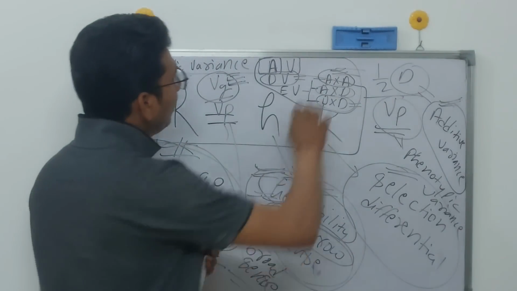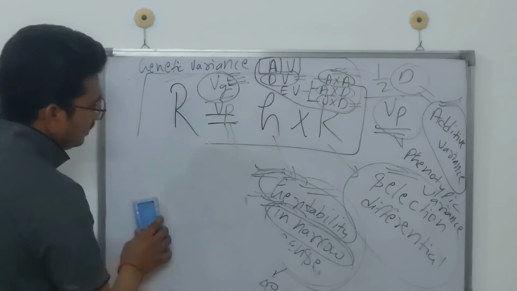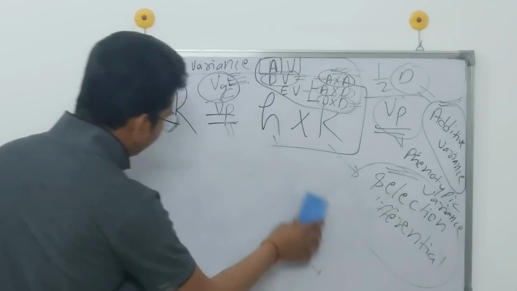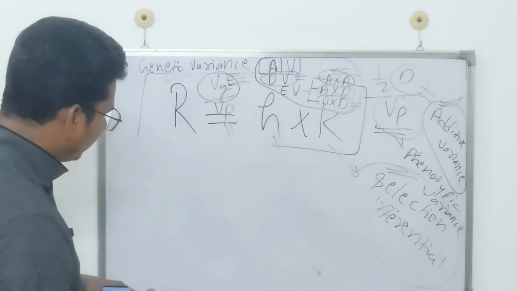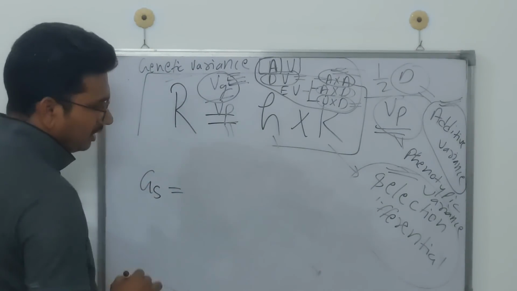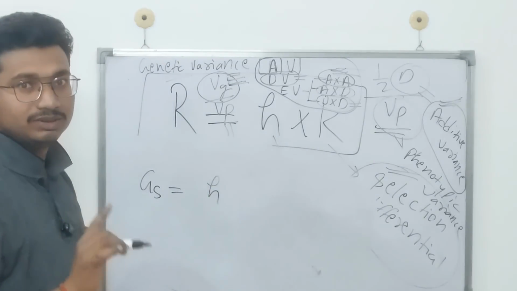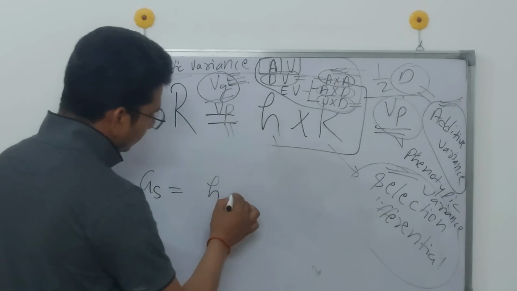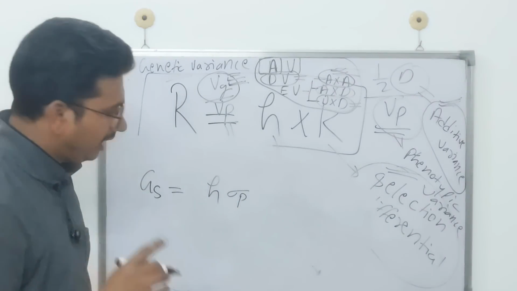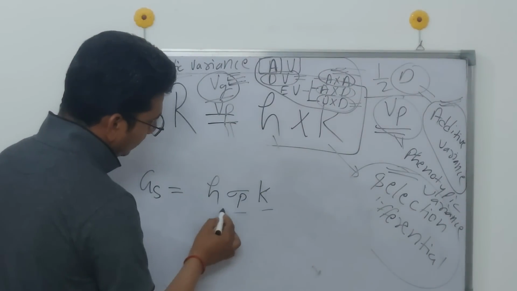The breeder's equation is sometimes also used as a formula for genetic advance. Genetic advance equals heritability in broad sense, phenotypic standard deviation, and K. K means selection differential.